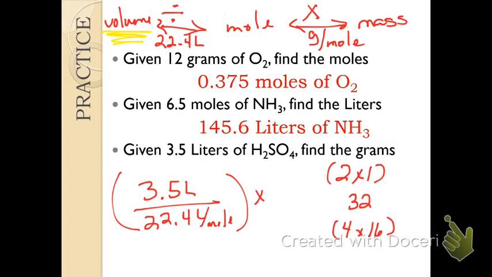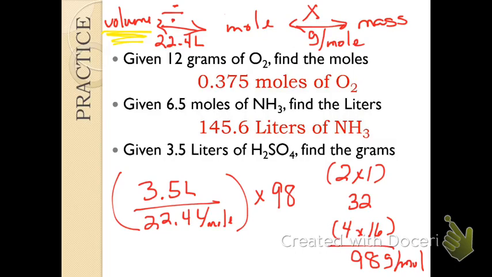I'm going to clear my calculator, open parentheses, 2 times 1, just so we can follow protocol, plus 32, plus, open parentheses, 4 times 16, close parentheses, and I'm getting 98 grams per mole. Okay, so then I'm going to multiply this by 98 to get my grams per mole.